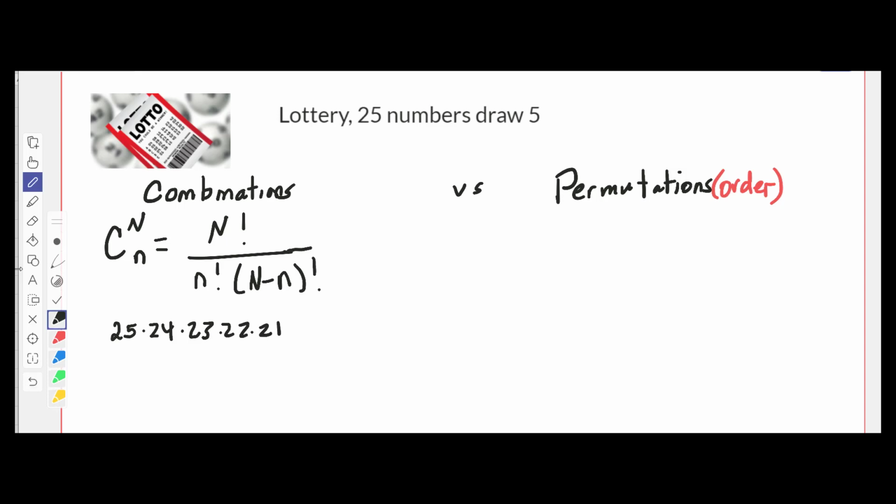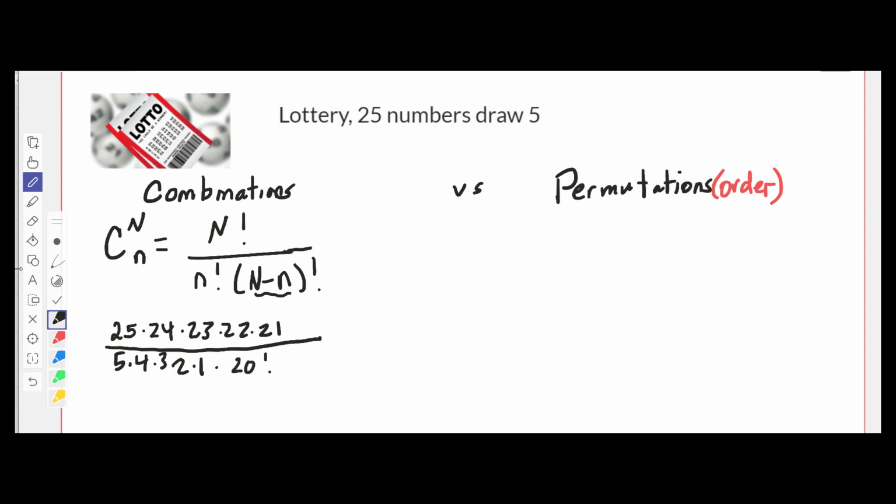And you might say, well, wow, I've got to multiply all the way down to 1 because that is the definition of the factorial. But watch this. The little n is 5, so that'd be 5 times 4 times 3 times 2 times 1. This piece is going to be 25 minus 5, which would be 20 factorial.